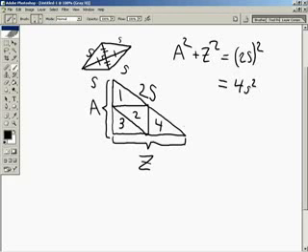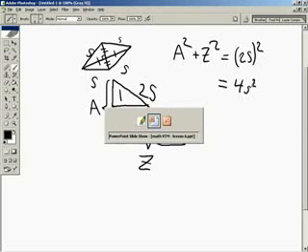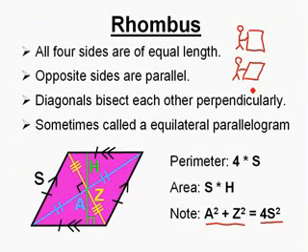Also, it should be noted that the area of this big triangle is equal to the area of the rhombus, because all we did is unfold it and basically just took every triangle like it was a separate piece and reassembled them into the triangle. The final one: the area of the rhombus, which is side times height, is also equal to A times Z divided by 2.